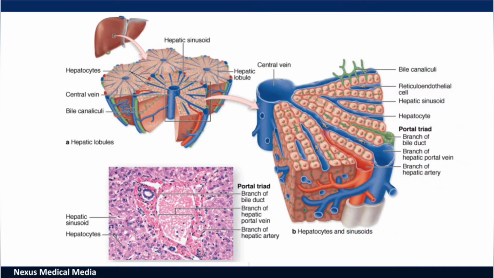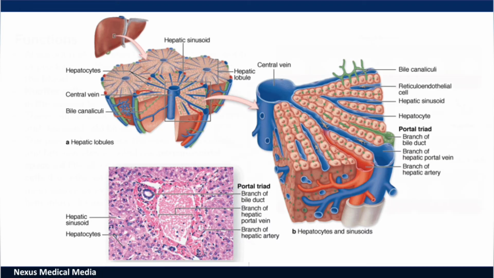Here I just have another clear diagram showing mainly the classic lobule. You can see the hepatic lobule, hexagonal. You can see the central vein, you can see the canaliculi. If you look here, you can see the portal triad. That's a branch of the bile duct, a branch of the hepatic portal vein, and a branch of the hepatic artery proper. That's the portal triad for you.